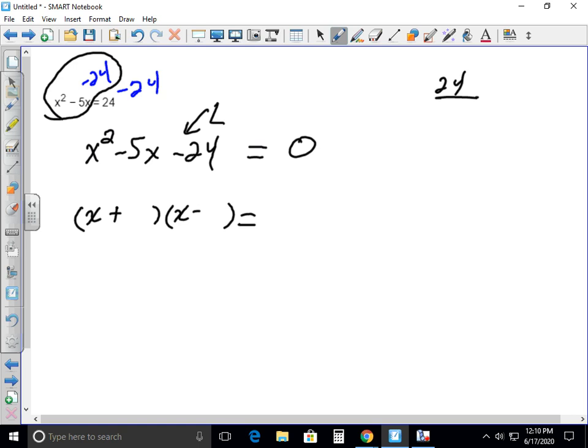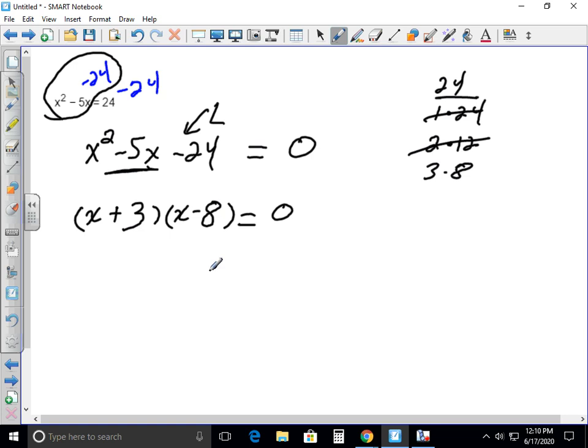Since we have different signs, we need a difference of 5. So 1 times 24, that doesn't have a difference of 5. 2 times 12, that doesn't. 3 times 8, hey, that does. Those have a difference of 5. We need our middle term to be negative, so we need to have more negatives. So our bigger number needs to be the negative one.